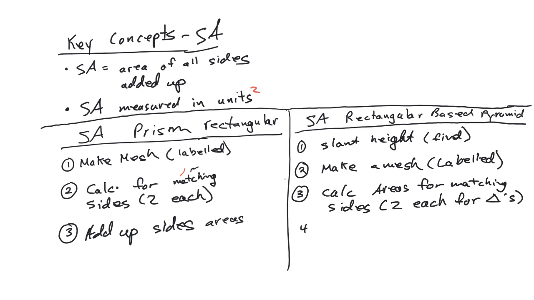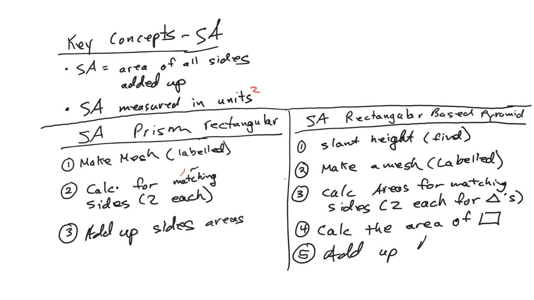Okay, and then four, calculate the area of the base of the rectangle in our triangle. And then five, add up the sides. Add up, let's say, all the areas. Okay, and that's it. That's what we learned about today.